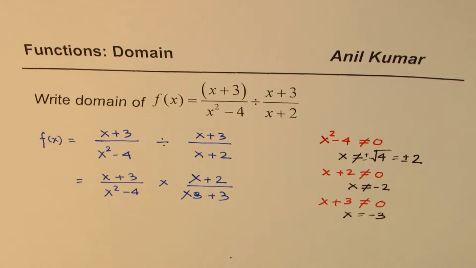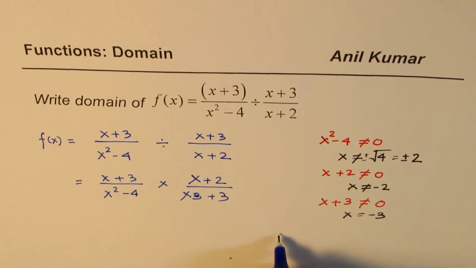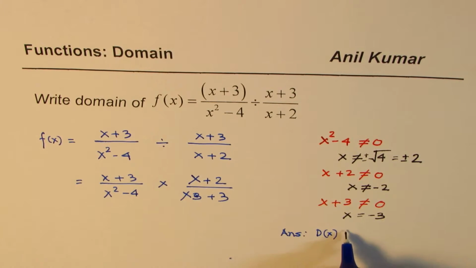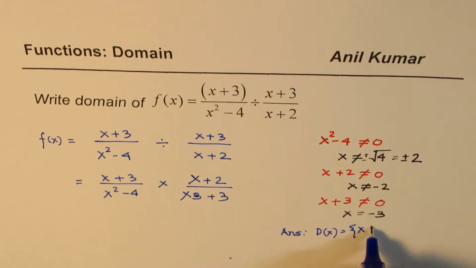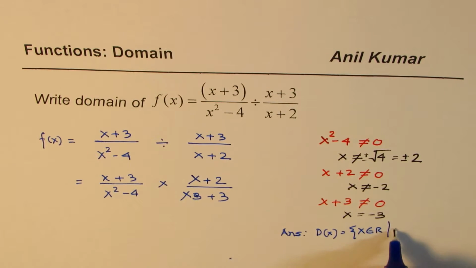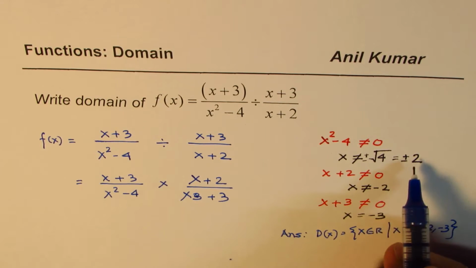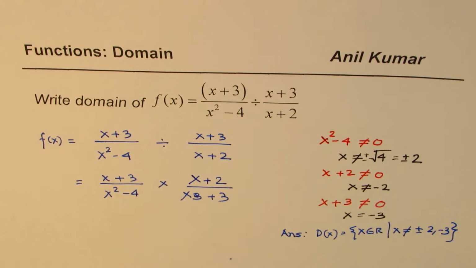So we have three restrictions, and that gives you the answer to this particular question. We can write down our answer, which is that the domain of this function is x belongs to real numbers where x is not equal to plus minus 2 and minus 3. We don't have to write this twice, it has already been covered.